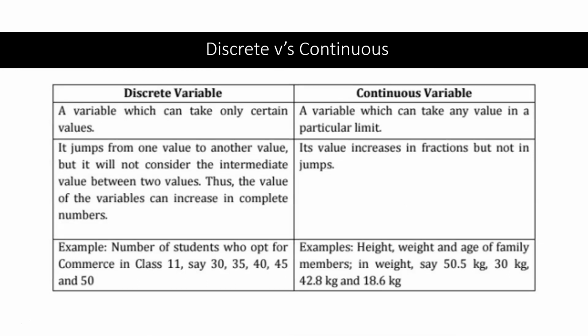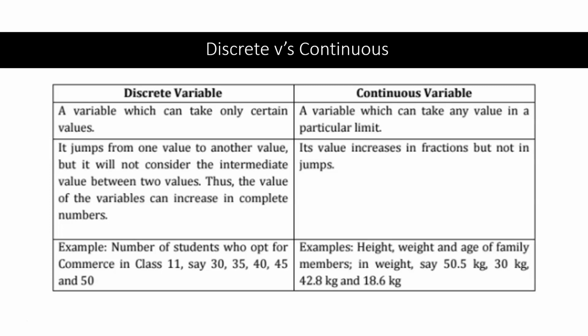Okay, so our discrete, so you see here, we've not got data, it says variable, same difference, okay? So discrete data is data which can take only certain values, all right? Whereas our continuous can take any value in a particular limit, all right?